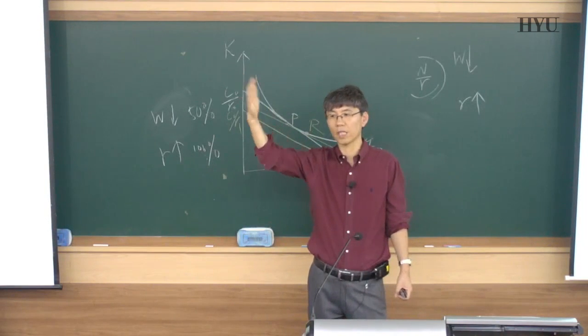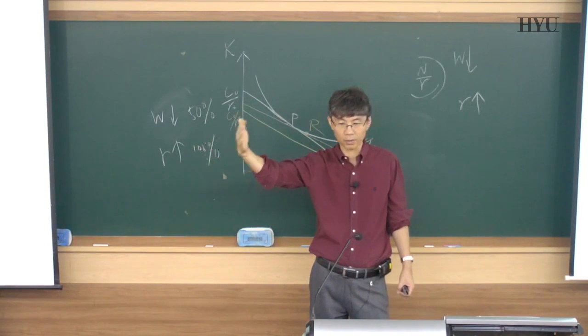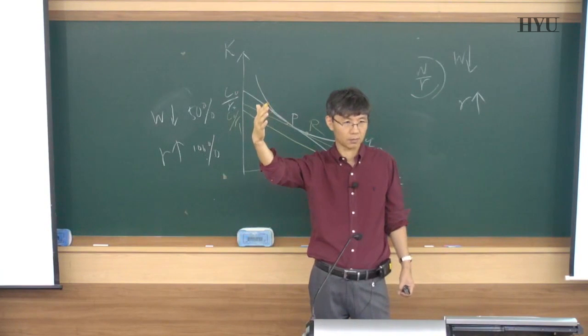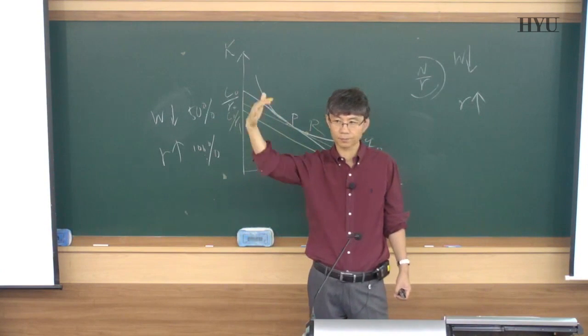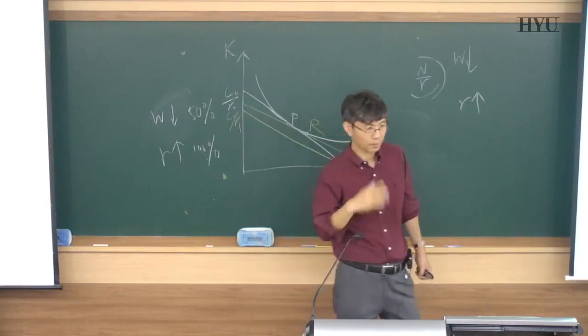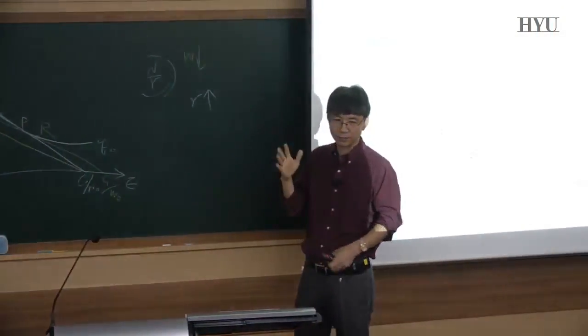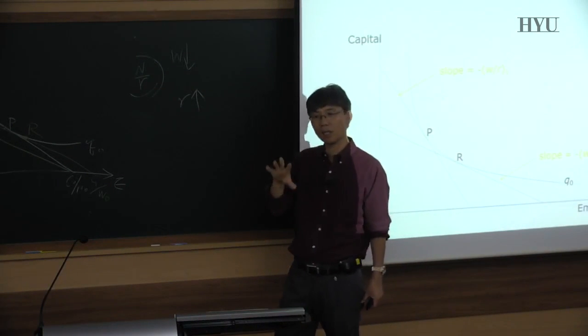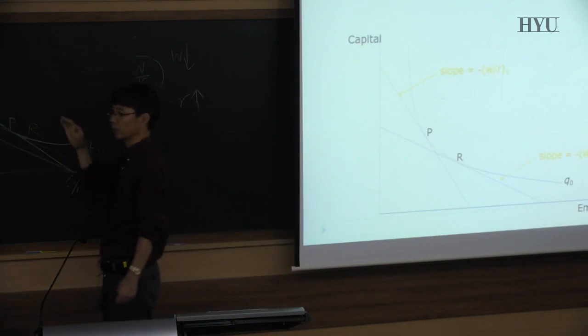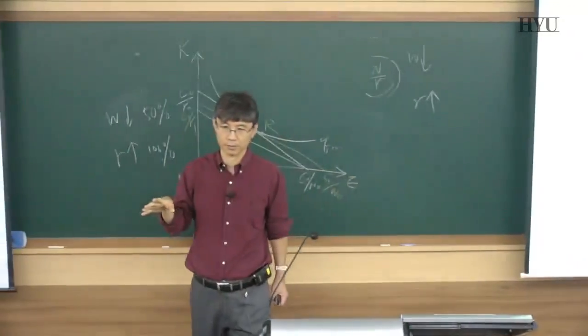When the rent goes up, they will hire more labor with higher cost. So that's the difference. The combination of capital and labor will be the same, but total cost will be different.